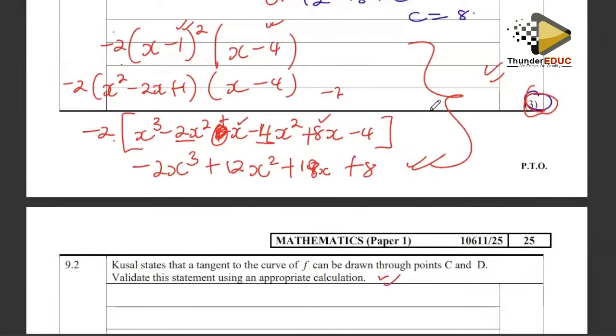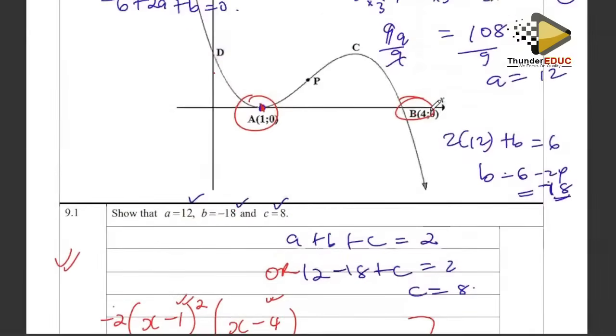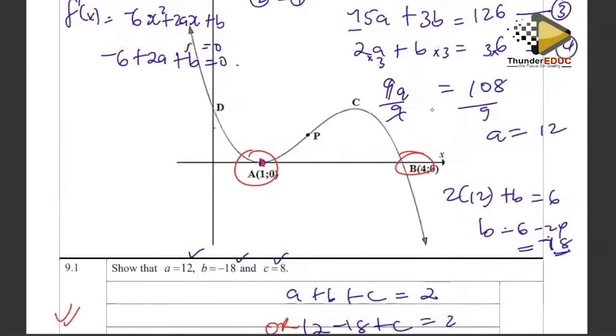So a tangent to be drawn through points C and D. Where is C? This is C. Where is D? This is D. So if a tangent is to pass through C and D, yes, we don't deny it could be a tangent, but it is touching 2 points of the graph.